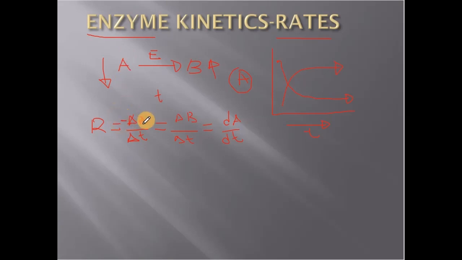So whenever you want to express the rate in terms of the reactant, because it drops in concentration with time, we normally add a negative sign in front. In the same way, for the B, the change in the B is the final minus the initial, which gives a positive quantity. So the rate in terms of the product is always positive.